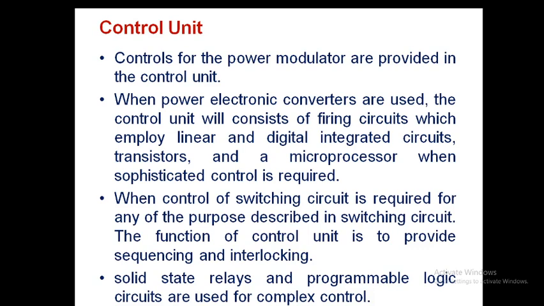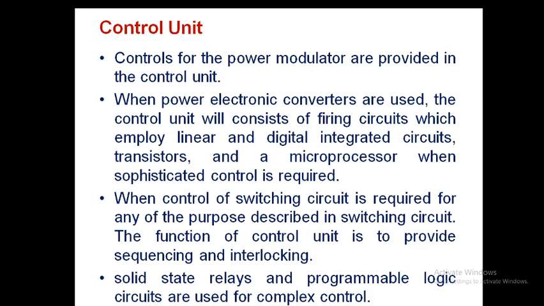When control of a switching circuit is required for any of the purposes described, the function of the control unit is to provide the sequencing and interlocking. So the sequence of pulses needs to be provided properly, because when you are using power electronic switches, we need to fire them properly in sequence.